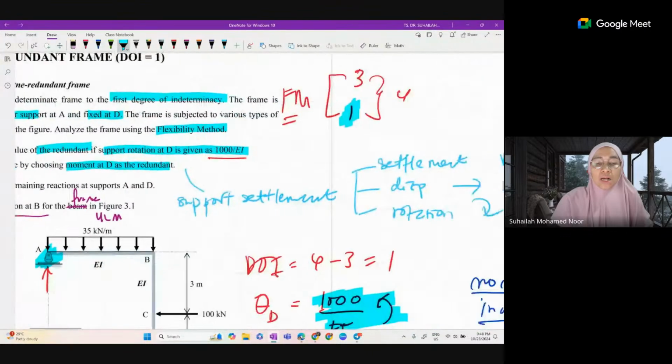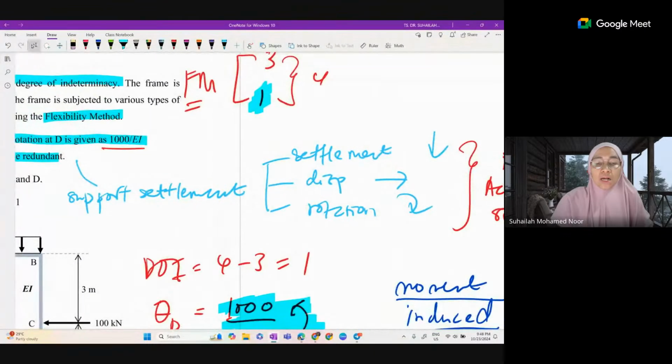Okay, so support settlement actually has three types. All these three are called support settlement. Support settlement normally occurs in the vertical direction, downward. If the movement is in the horizontal direction, it is called support displacement.